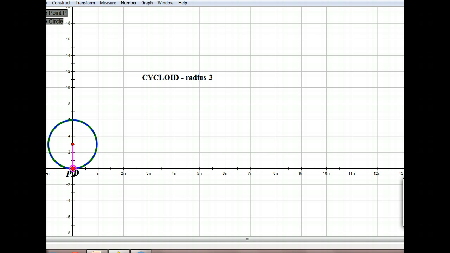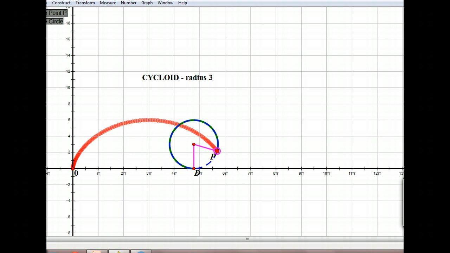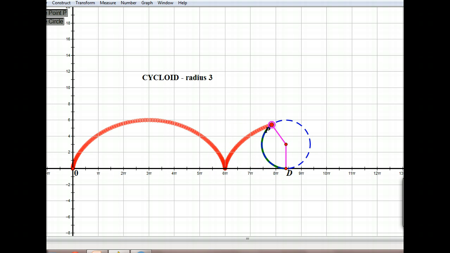And what we're going to do is the same that we did before. We're going to move the circle along the x-axis, and at the same time we're moving point P around the circumference of the circle. In this case, because my radius length is 3, the circumference of the circle is 6 pi. So when P has moved 6 pi units around the circle, it has completely gone around the circle once.